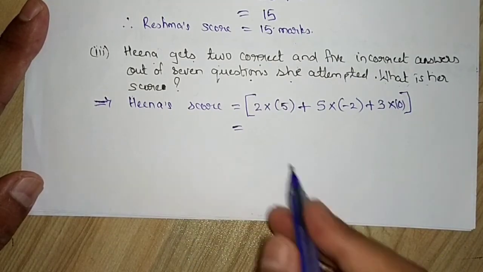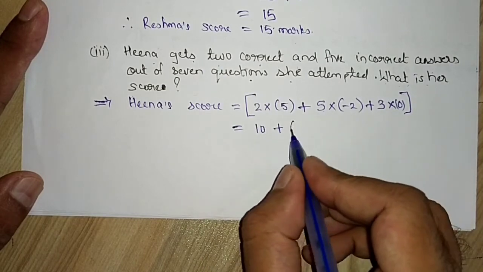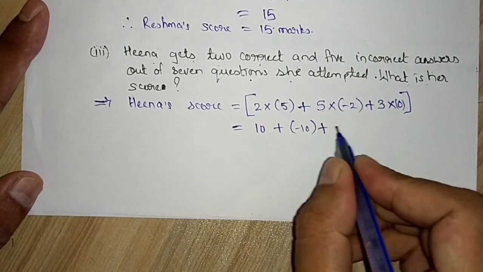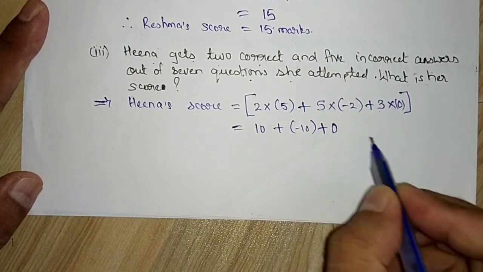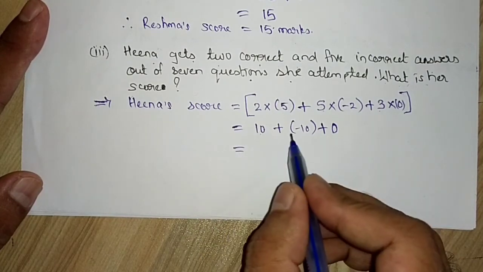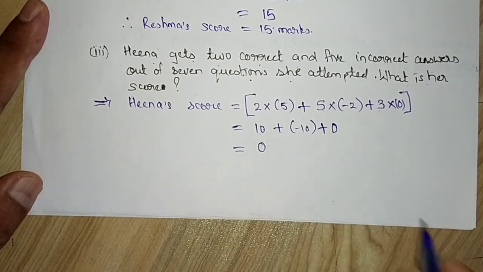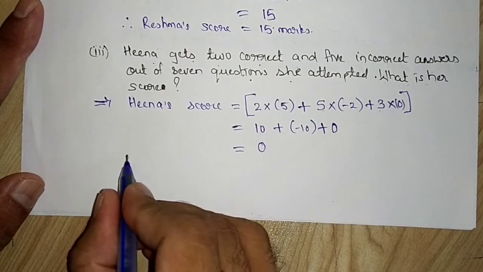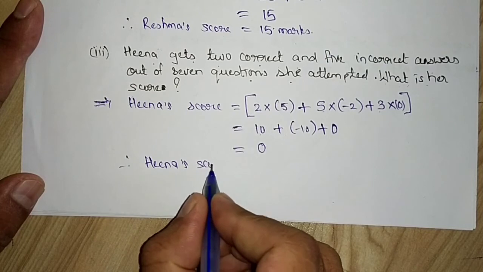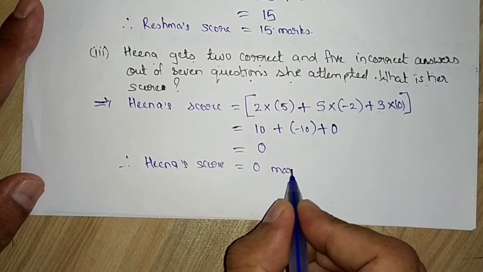So let us solve. 2 5s are 10, plus 5 2s are 10, but -10 because it is 5 into -2, plus 3 into 0 is 0. Now 10 plus -10, the whole answer will become 0. Therefore, Hina's score is 0 marks.